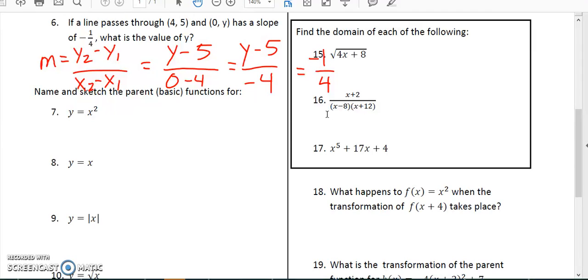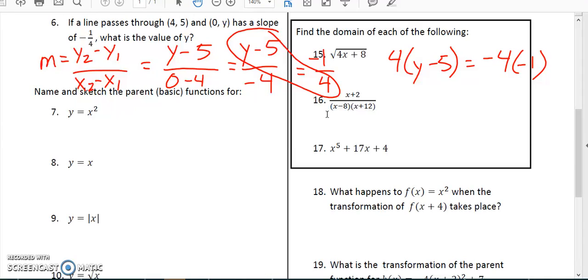So anyway, what you could do here is you could cross multiply, or you could notice they're both negatives, so you could technically cancel the negatives, and then y minus 5 would have to be equal to 1. But if you didn't see that, you could cross multiply, so you do 4 times y minus 5 equals -4 times -1.